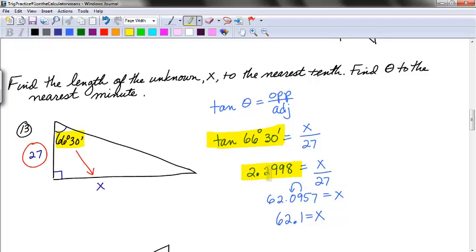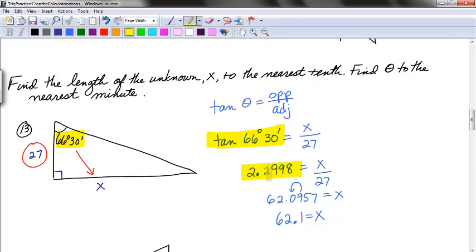Let's do this. If I go back to floating, and if I just type in tangent of 66.5, see how many decimals are behind that? That's why. If you just type in that for this example, yeah.